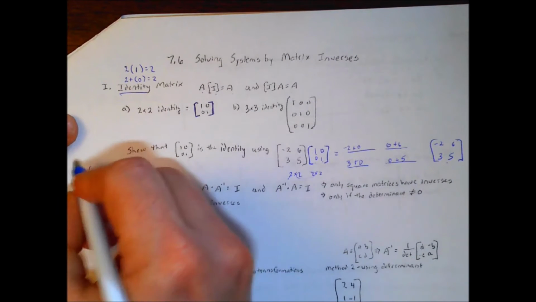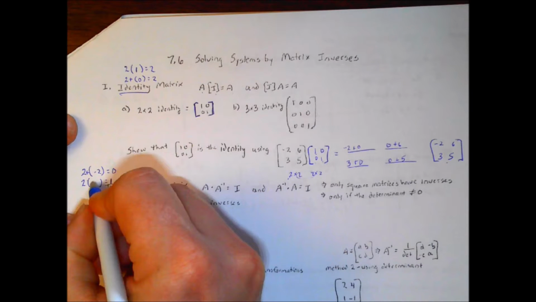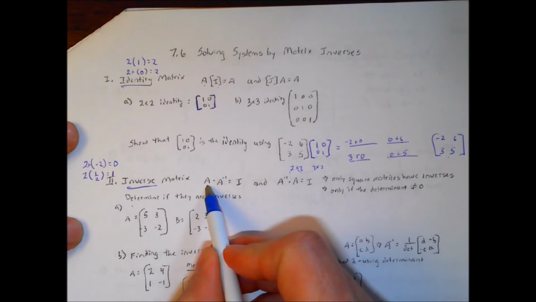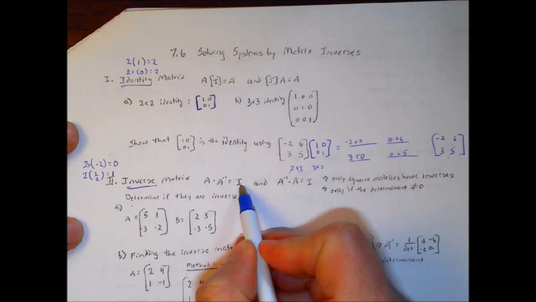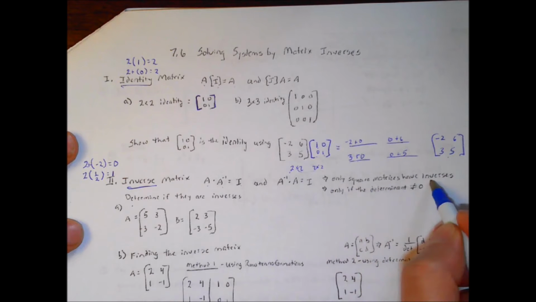For multiplication, I want to multiply and get 1. Same thing here in matrices. If I take a matrix and multiply it by its inverse, I'll get the identity matrix. Now, some things to think about. Only square matrices will have inverses, and we'll only have an inverse if the determinant is not 0.